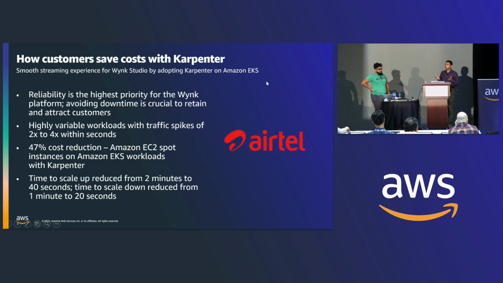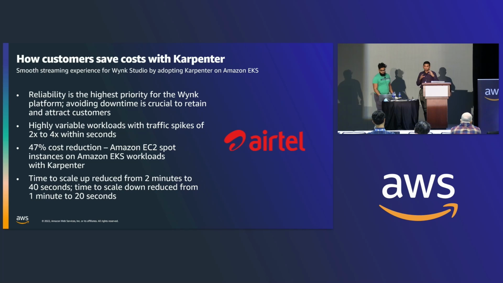So one of the things I want to call out is we have a customer who's actually using Karpenter in production. Bharti Airtel is a telecom company in India, and they have something called the Wink Studio platform. It's an audio streaming platform for independent artists. They create content and put it on this platform, and on average they stream about 1 terabyte of data per minute.